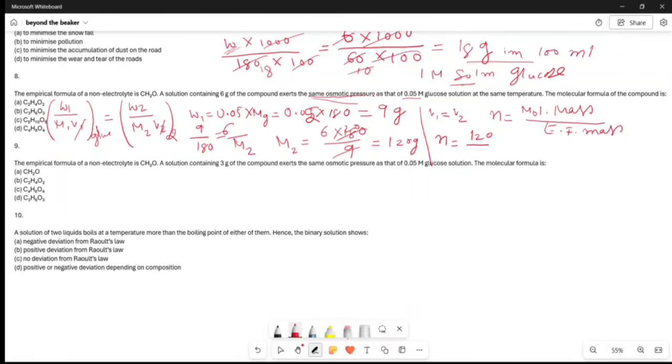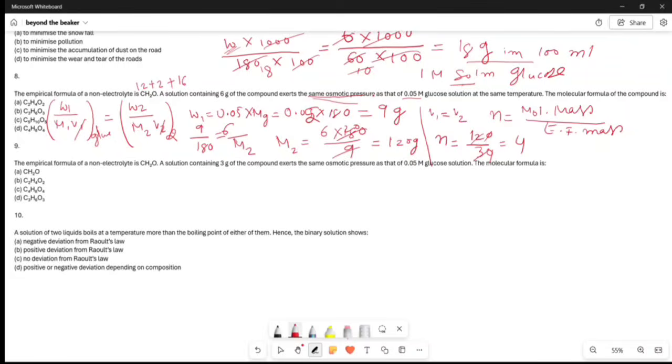C means only one carbon atom, so we have 12, plus H2, 2 hydrogen, plus 1 oxygen, 16. 16 plus 2 is 18, 18 plus 12, we have 30. So here we have 30. So n is equal to 120 divided by 30, so n is equal to 4.